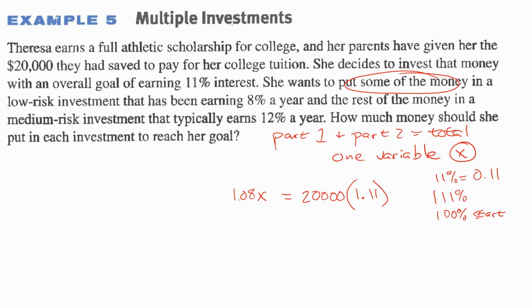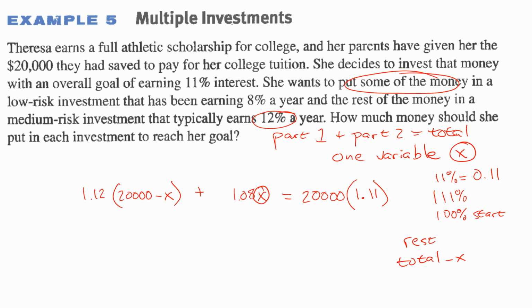And the rest of the money, and here's the important thing, the rest is going to be the total minus whatever you already used. So whatever we spent here is going to be taken away from the 20,000. If we spent 5,000, we'd only have 15,000 left. If we spent 10,000, we'd have 10,000 left. And that's the amount that's going to be invested at 12% a year. We're going to add those two things together.